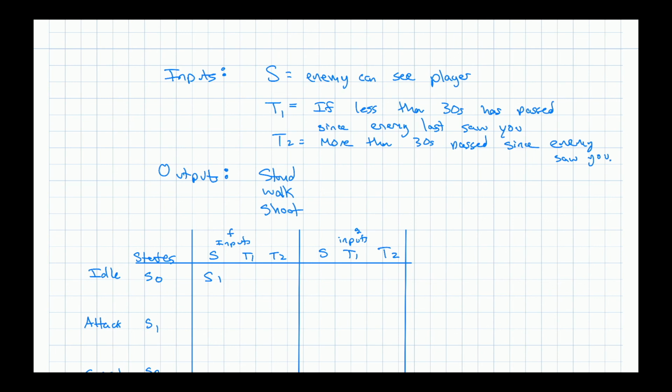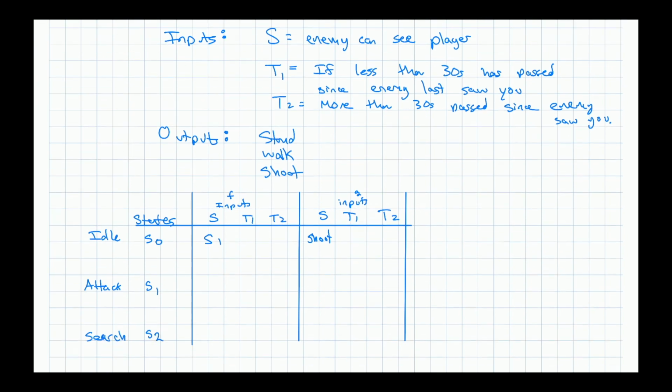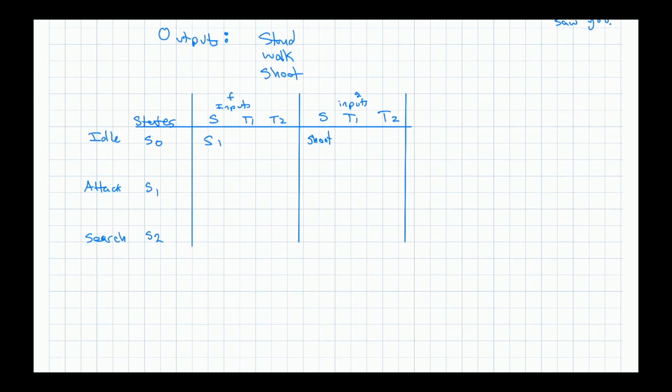What would the output be? I say shoot. We didn't really need that, but just to do something, start shooting. You could leave off the entire output table because we don't really need it. Okay, so we got one.